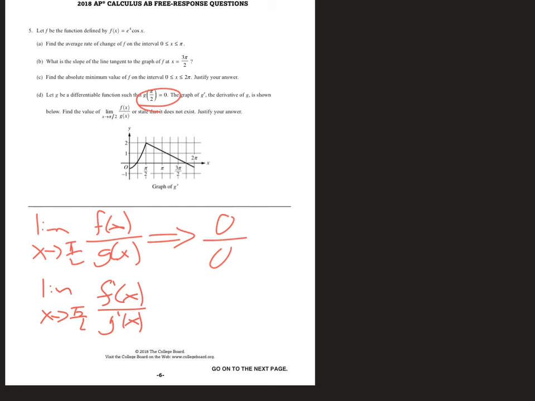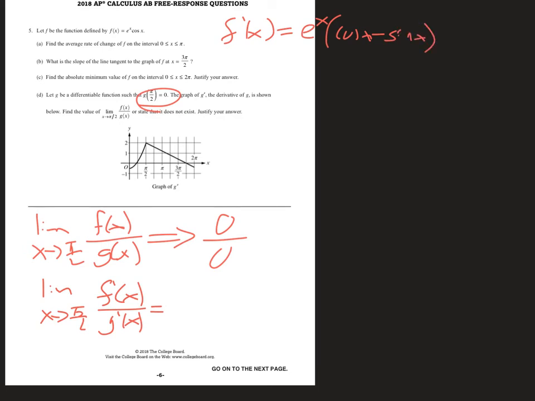Now, if we look at our derivative from before of f of x, our f prime of x, that was e to the x times sine of x, or cosine of x minus sine of x. I like the factored version better.